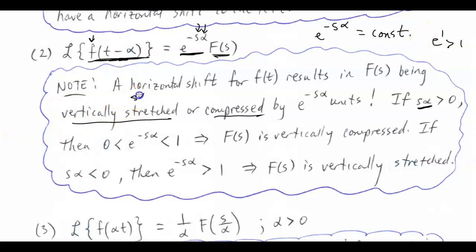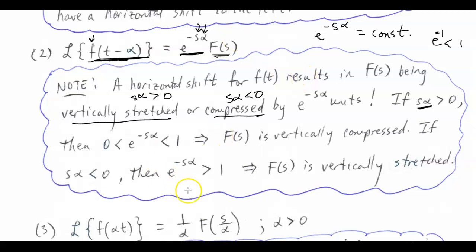So this happens whenever that quantity is greater than 0. Now, if this quantity here is less than 0, like saying e raised to the negative 1, then that's going to be less than 1, and to be specific, it's going to be in between 0 and 1. So we're going to have a compression, which means the amplitude, if you will, of our particular big F of s is going to be decreased or compressed.